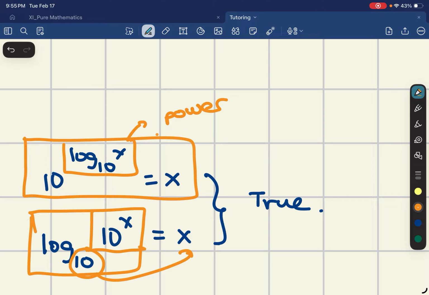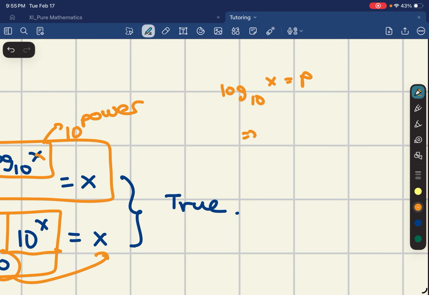If I raise 10 to this whole power, then I should be getting 10 to the power x. So let me just say log base 10 of 10 to the power x is equal to p. This tells me that 10 to the power p is equal to 10 to the power x.